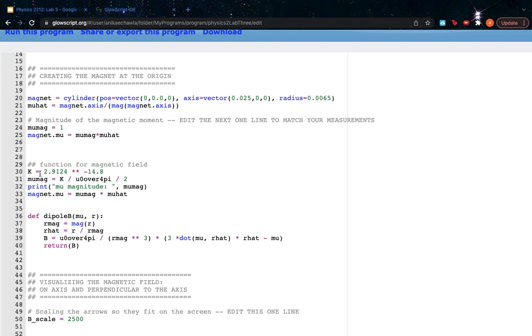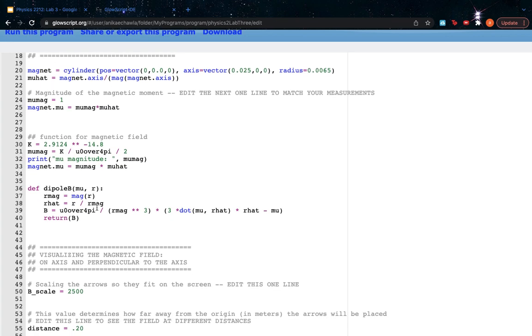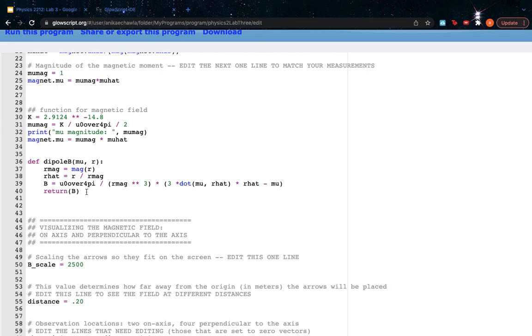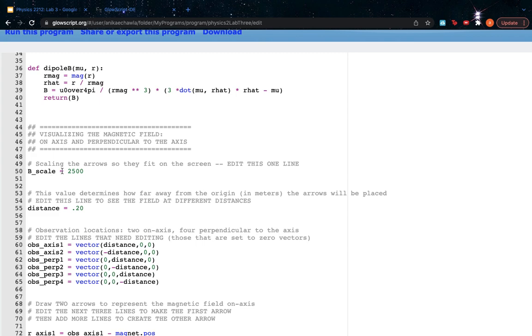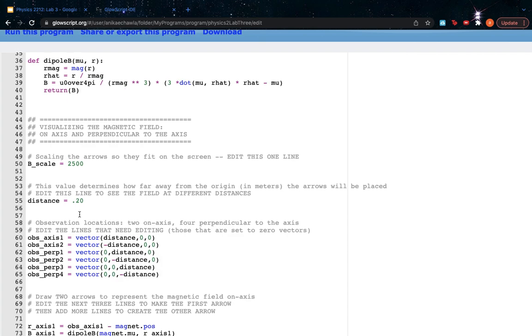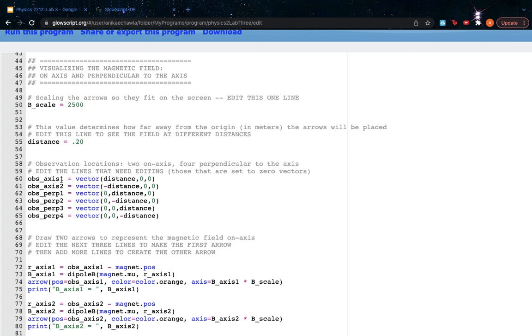Here we set k to our calculated value, and here we have a function for the dipole, and then we scale b, and then we set distance to 0.2 meters, which is one of the values that we're supposed to calculate. And here we set the observation locations.